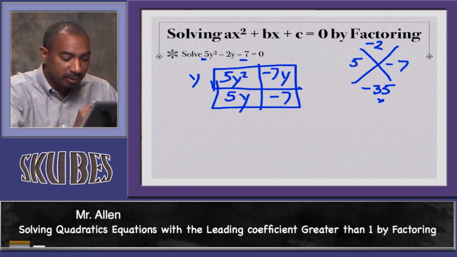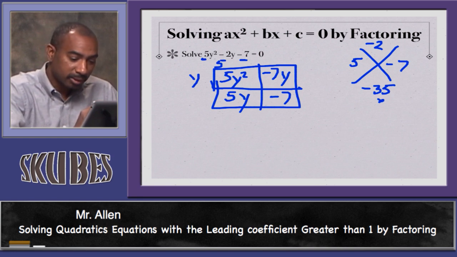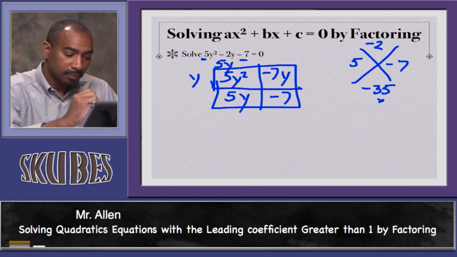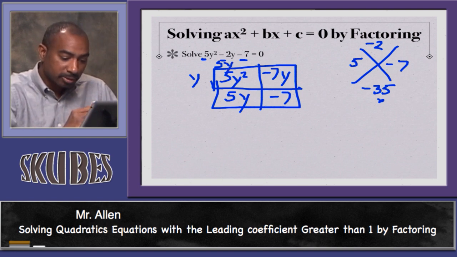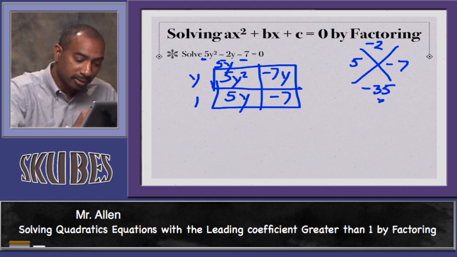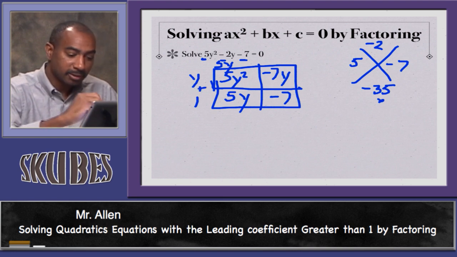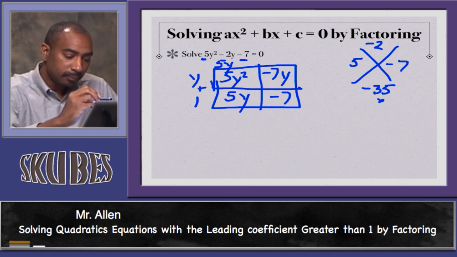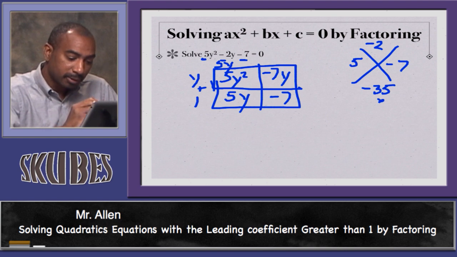Then what times y gives you 5y squared? Just simply 5y. And then the greatest common factor between 5y and negative 7 is 1. It's the only factor you can take out of that. Positive 1. All right, so what times y is negative 7y? And that would just be negative 7.